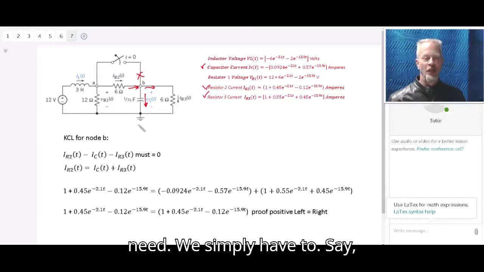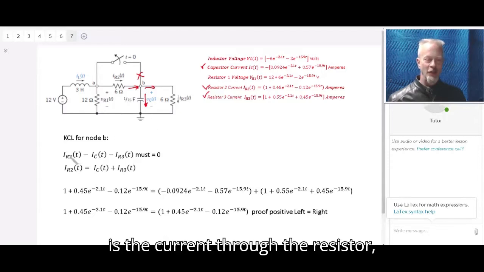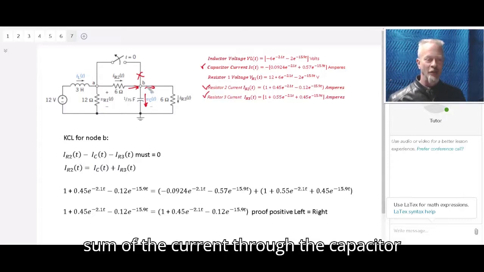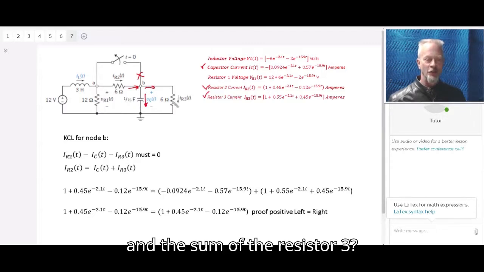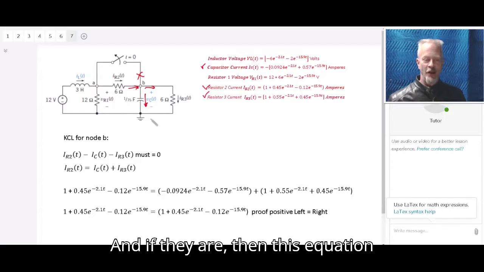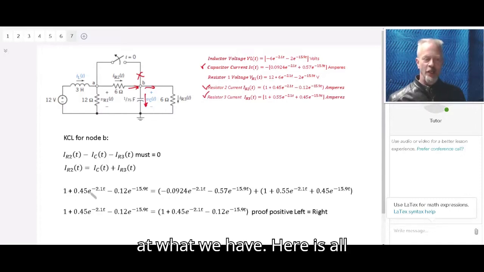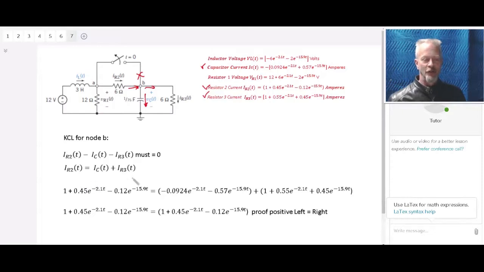We simply have to say, is the current through the resistor, I_R2, equal to the sum of the current through the capacitor and the current through resistor 3? And if they are, then this equation here must equal 0. So let's look at what we have. Here is all of that information. I_R2 is equal to the capacitor current plus the resistor current.